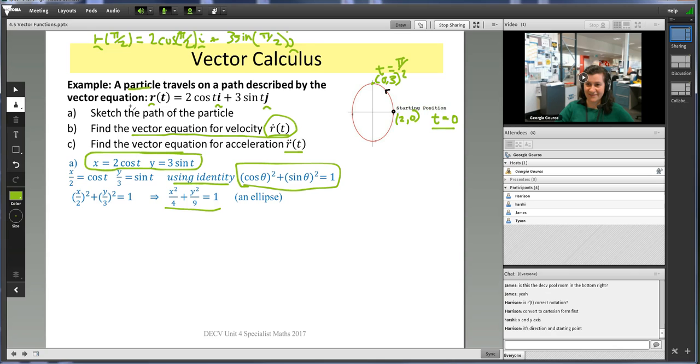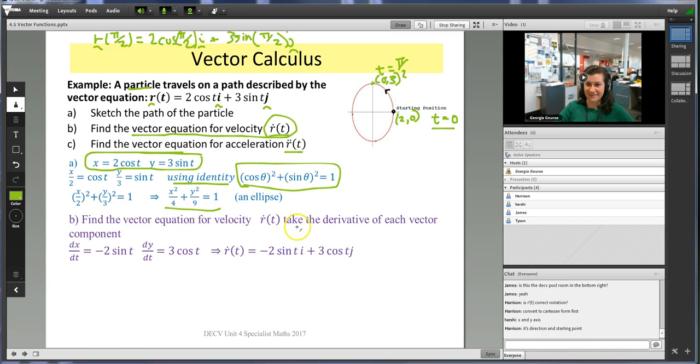Now, velocity is the derivative with respect to time of position. So what we need to do is take the derivative of each of the components here. So take the derivative of each vector component. So the x component with respect to t is going to be -2 sine of t. And the y component, the derivative of that with respect to t is going to be 3 cosine of t.